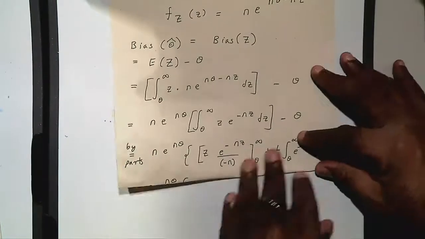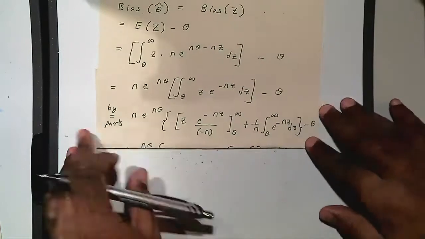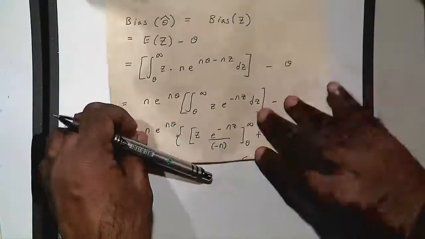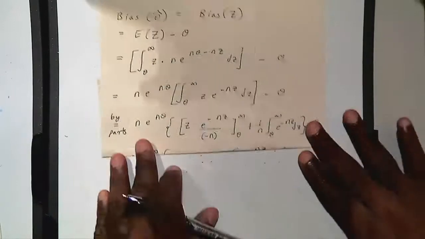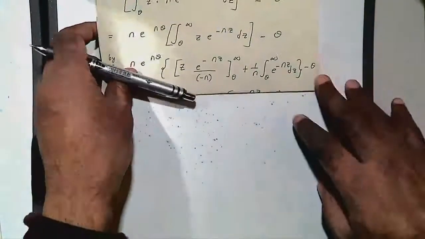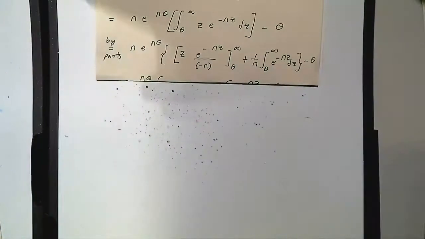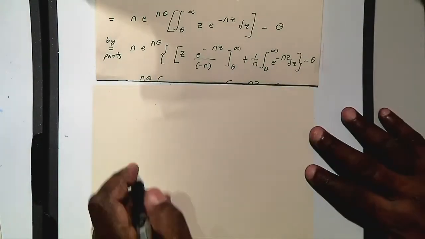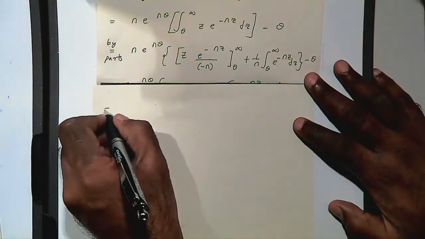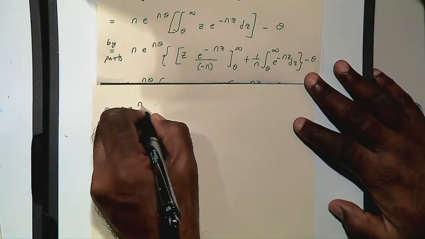No, let me start again. Let me start again from this. Excuse me, sorry. Right, after this step, I think I made a mess up here. I'm too old to know all this. Right, integration by parts, I think, is correct. So this would be n e^(nθ).